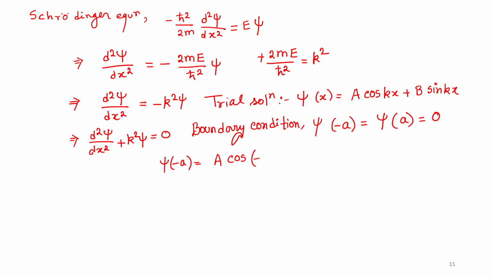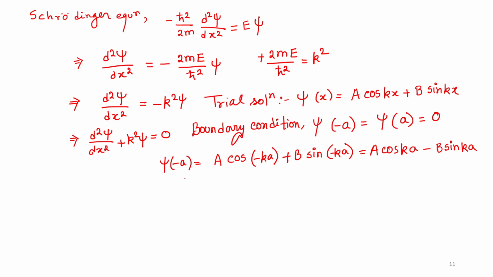Please let me know wherever there is a doubt. Plus b sin of minus ka, and that equals a cos ka minus b sin ka. For the cos function, cos of minus ka is cos ka, so we can write that. But in case of sine, the minus will come out, so it becomes minus b sin ka.